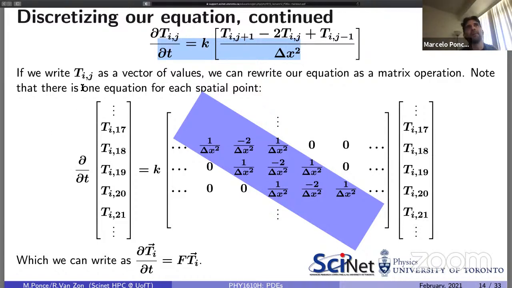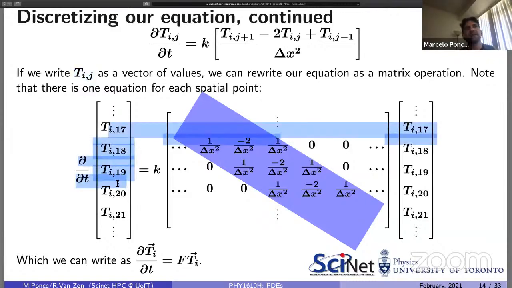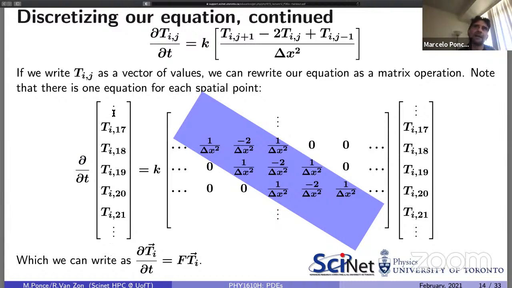So what I'm going to propose now is to take the temperature function, which depends on the temporal part and the spatial part, so two components, and represent this temperature as a vector. Now, this vector is just the vector for a given moment in time. So i here again is going to be my temporal index.